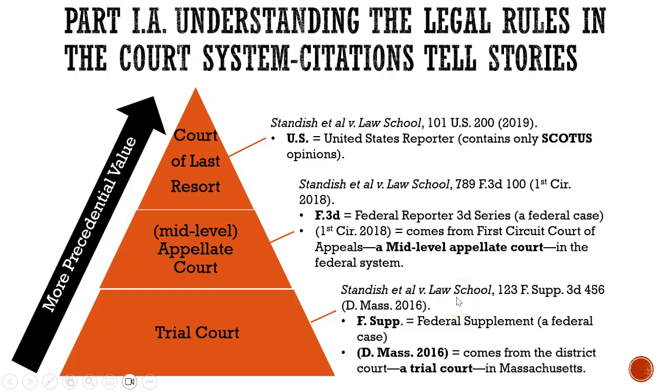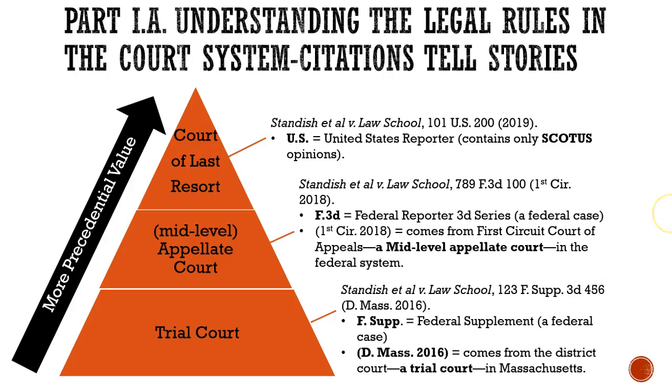Law School, found its way in the trial court, to the mid-level appellate court, and then to the court of last resort. However, at the trial court, there was a decision. It was rendered in 2016. And the decision is a published decision in the Federal Supplement. This would be the third issue of the third series, basically.